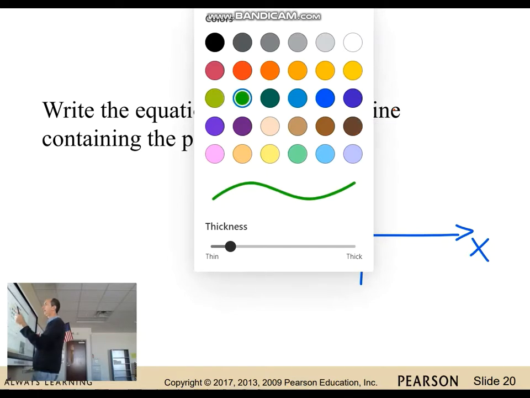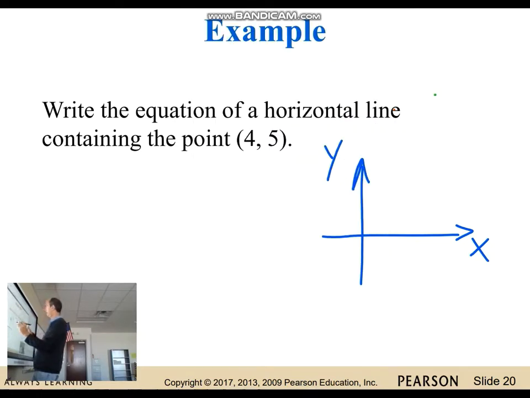Find here where is the horizontal line, so let's say y equals 5, right? And it's going to be a line like that, intersecting the y-axis at y equals 5.